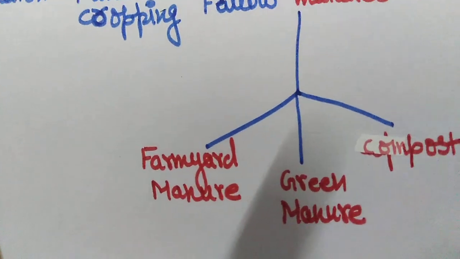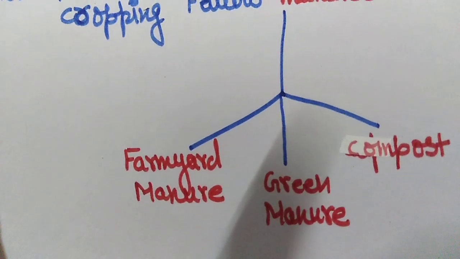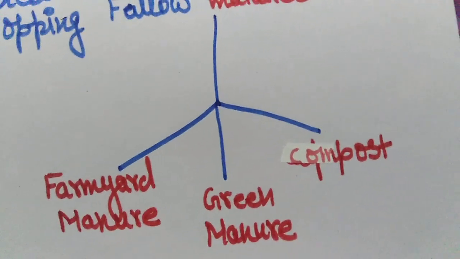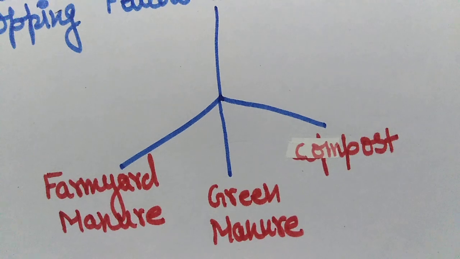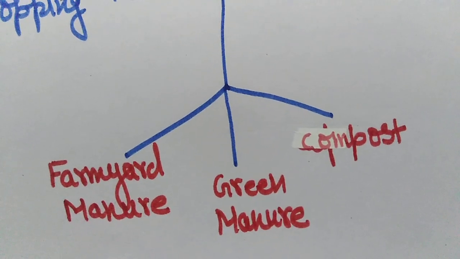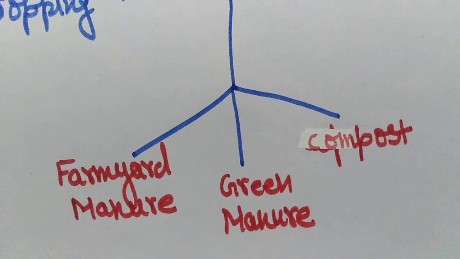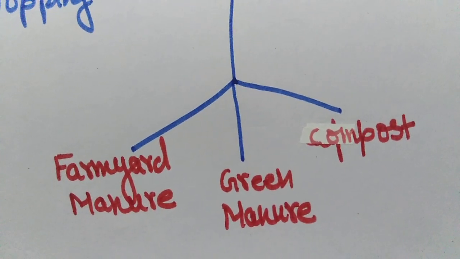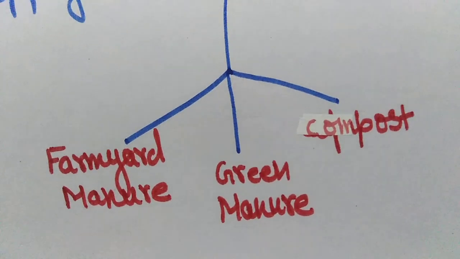Then after that, we are going to discuss compost. Dear student, I know you know about compost, but again I am going to explain what compost is. Vegetable peels, straw, plant fibers, animal waste, kitchen refuse, old paper and sewage waste are all dumped in a pit and covered with soil.